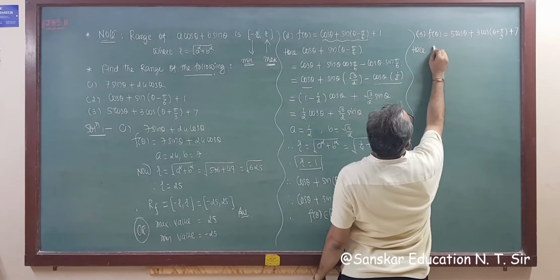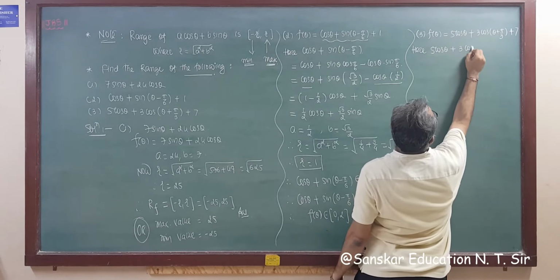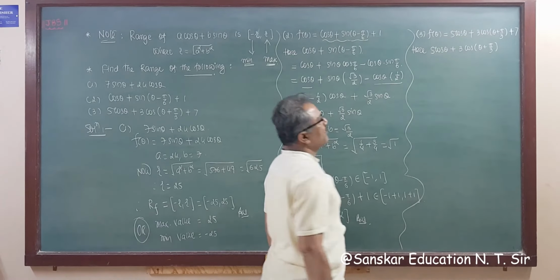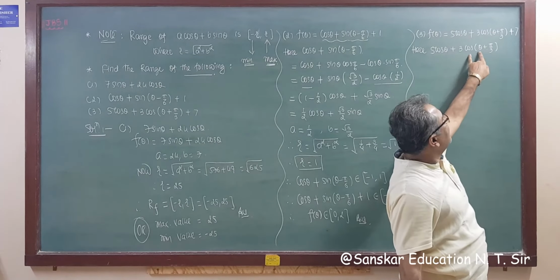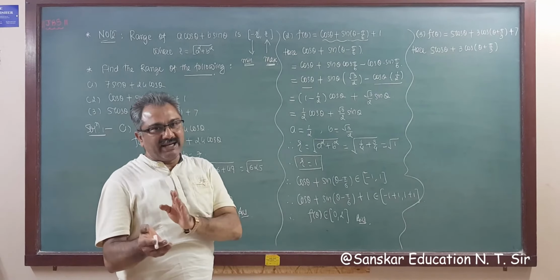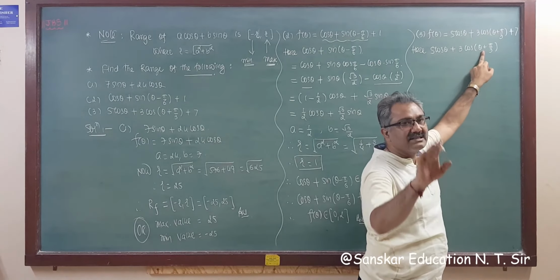we have to find out this 5 cos theta plus 3 times cos theta plus pi by 3. Now applying the formula for cos A plus B. Now the cos A plus B formula is, you know, both cos, both sin. If plus then minus, and if minus then the answer is plus.